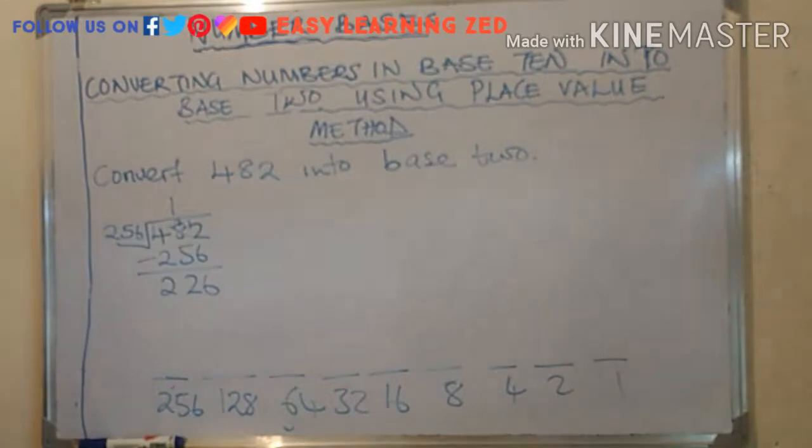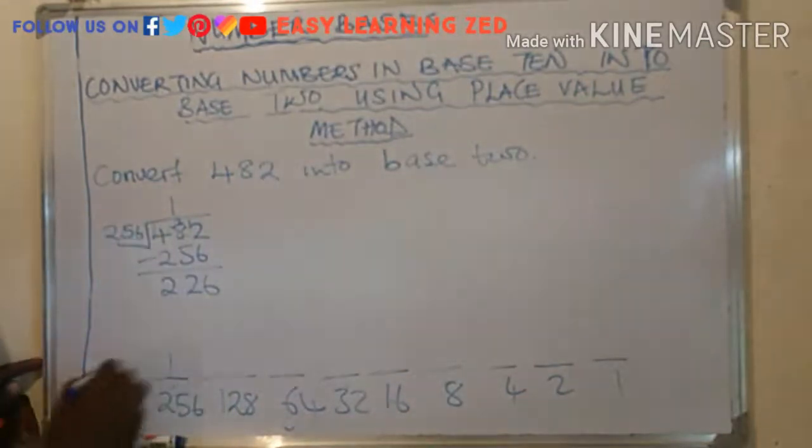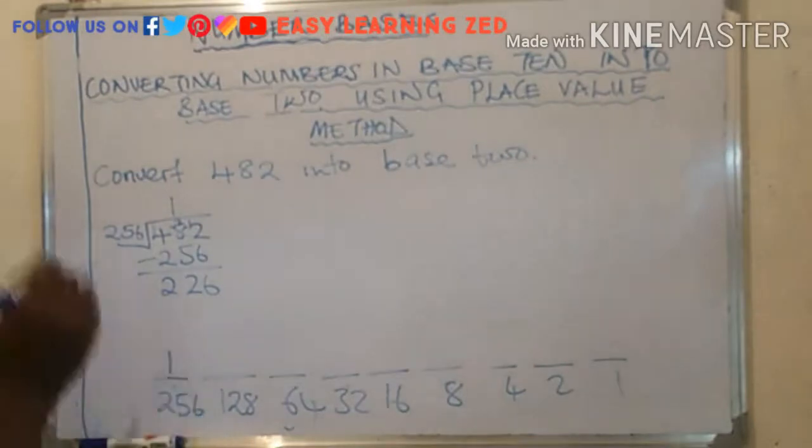That's going to be 226. So how many times can 256 go into that? It can go 1 time. What is the remainder?